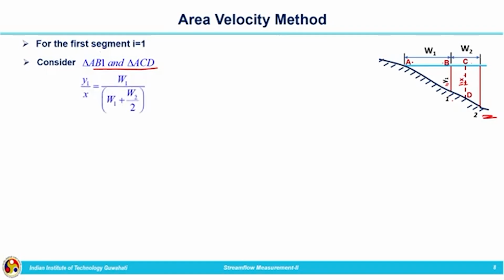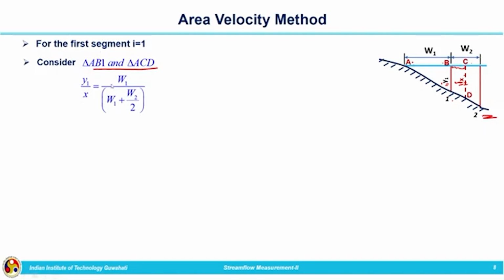So, we can write y1 by x is equal to AB divided by AC. What is AB? W1. And AC is W1 plus the part BC, which is equal to W2 by 2.